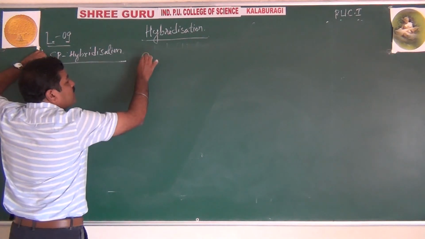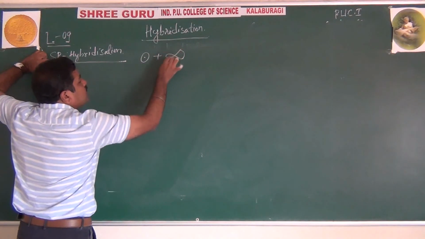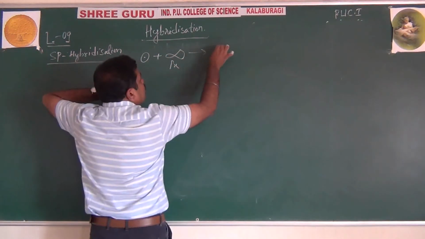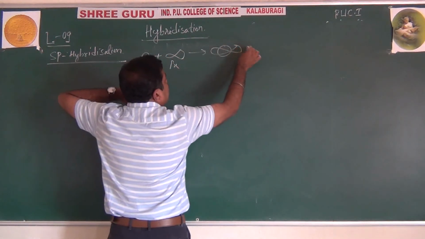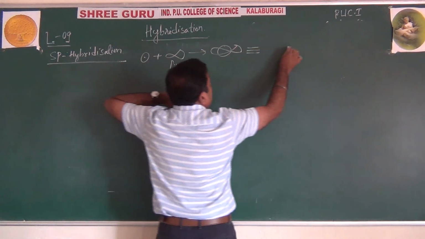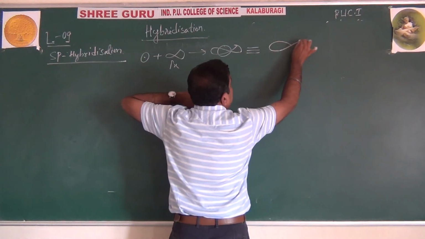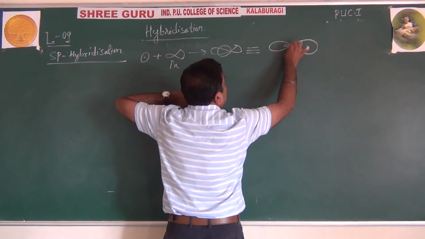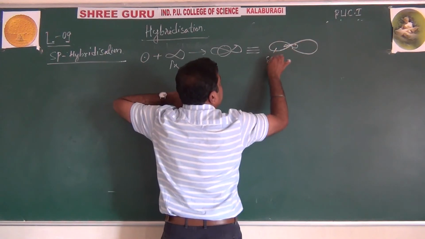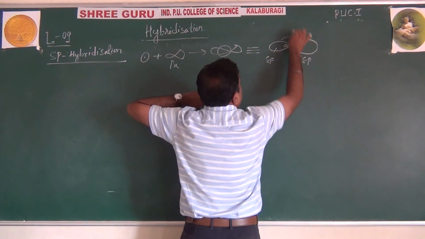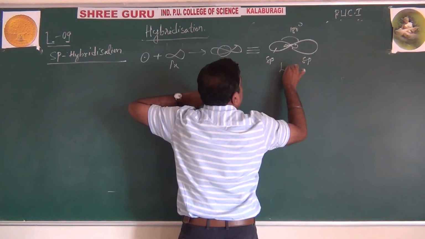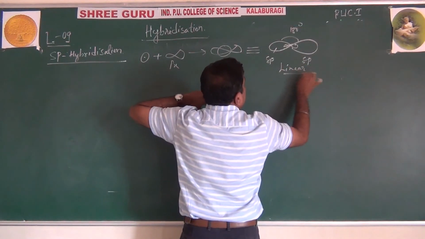Once again, one s and one p, that is px, combine to form the resultant like this, sp, linear, 180 degrees.